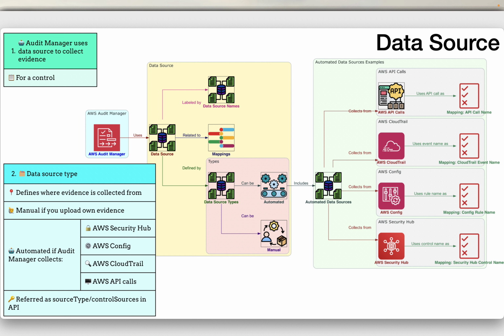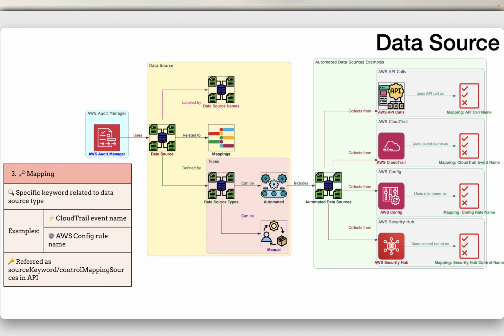So there are currently 4 services from which it can collect evidence automatically or on your behalf: Security Hub, Config, CloudTrail, and API calls. The Audit Manager API refers to a data source type as source type, which is singular, or control sources, which is plural for multiple sources.